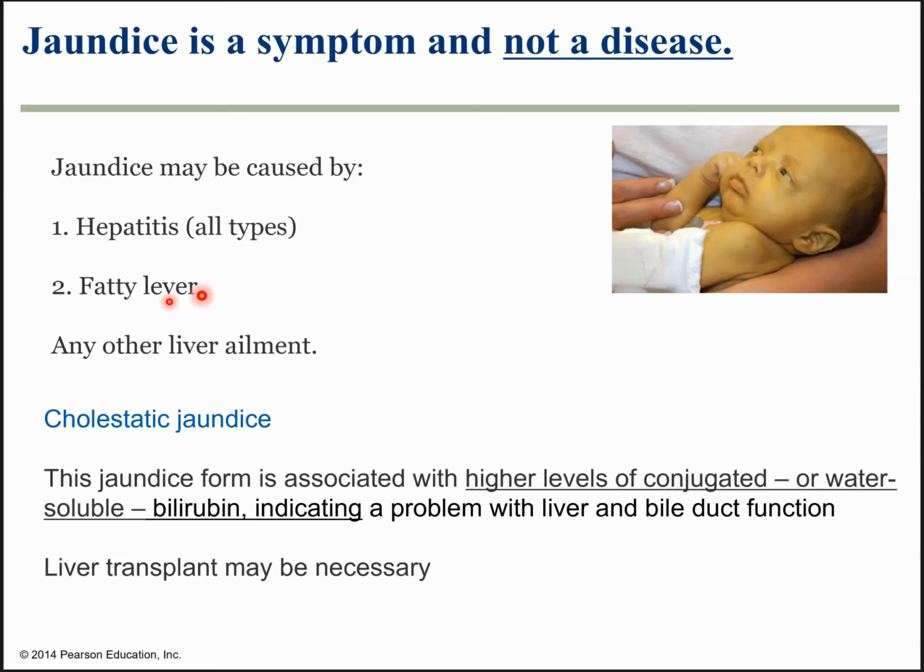So, as we discussed before, the liver is very important in fatty acid metabolism. When fatty acids get stored or accumulated in the liver cells, the buildup can cause fatty liver.